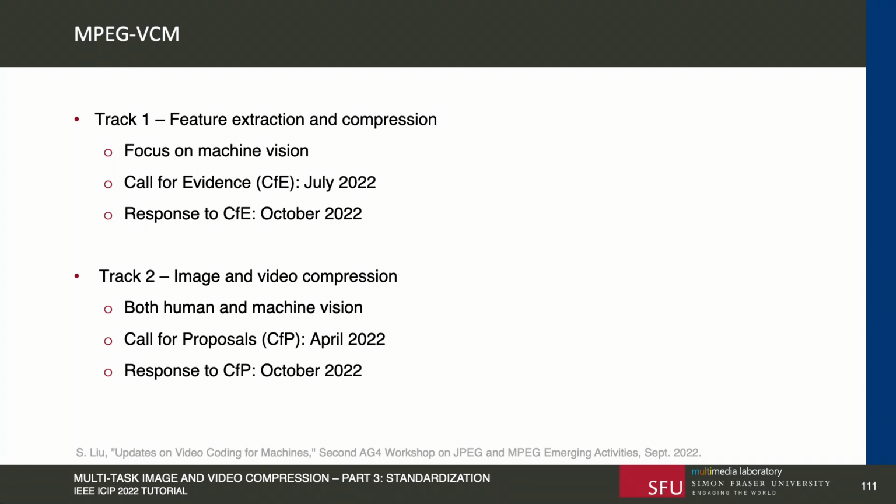Track 2 deals with compression for both human and machine vision. So it does include this default input reconstruction task. And it runs a little bit ahead. So the call for proposals was issued in April, and the response is expected in October.